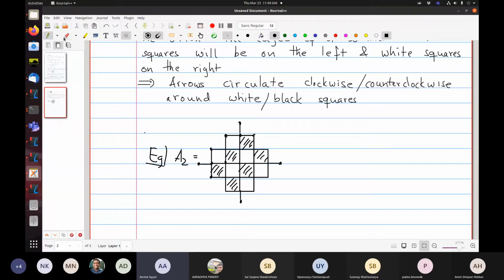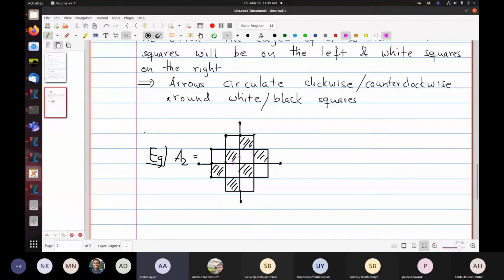Let me use another color. I'm going to draw an arrow so that if my face were along the direction of the arrow, from tail to head, then black would be on the left and white would be on the right.